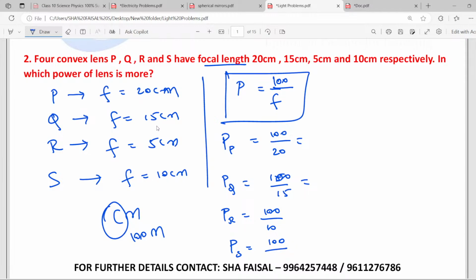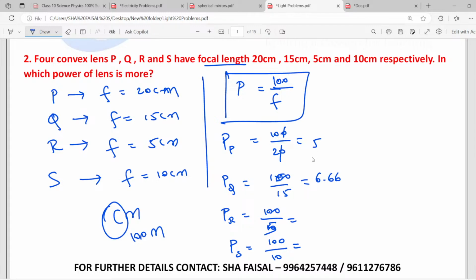So first is 20, 15, and third is, sorry, 5 centimeter, and fourth one is 10 centimeter. So calculate 100 by 20, that is 5, correct? And this is 100 by 15. What is the answer? 100 divided by 15, you may get around 6.66.